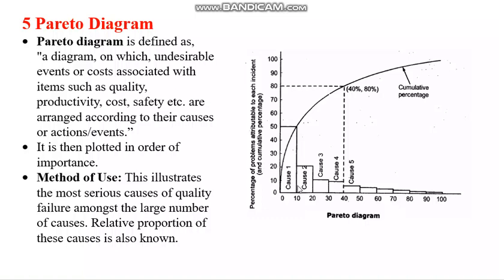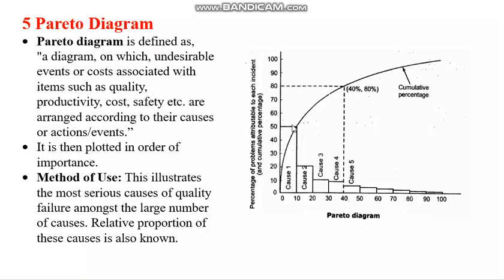Because on the y-axis you have the percentage of problems, all these put together should add up to 100. If this is 50, all the other things should add up to 100. Say the first cause creates 50% of the problems, the second cause creates only 20%.